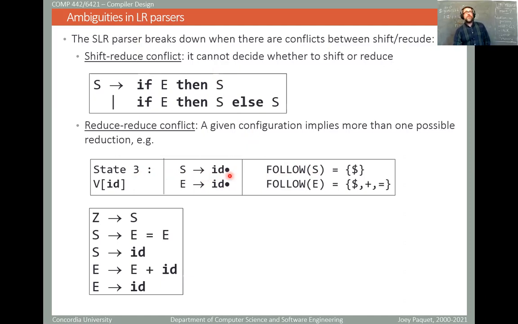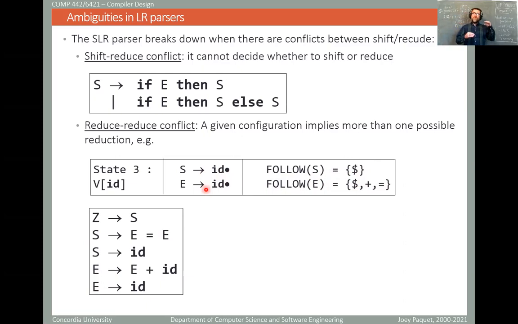Now, if we compute the follow set of all the non-terminal symbols in this grammar, then we see that follow of S is $ and follow of E is $, plus, equal. Now, if I want to introduce the reduce actions that correspond to this in the table for this DFA, then at state number 3, under column $, I'm going to want to introduce reduce this rule or reduce this rule.